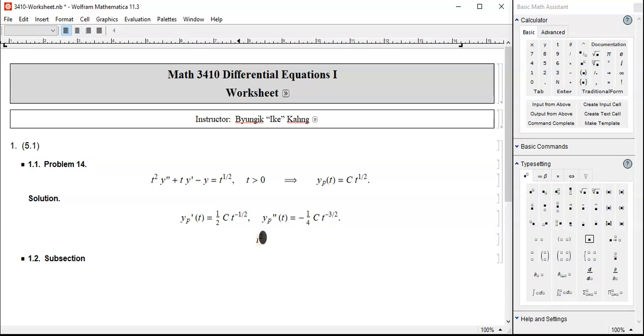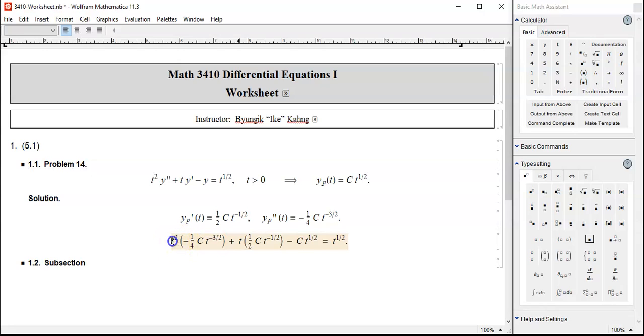So t squared, and then we are plugging in the second derivative. That takes care of the first term. Next, t times the first derivative, and then y is of this form, and that should be equal to t to the 1/2 power.